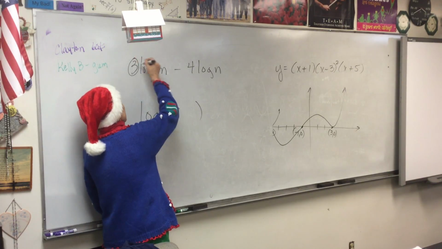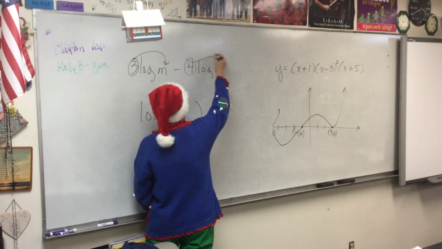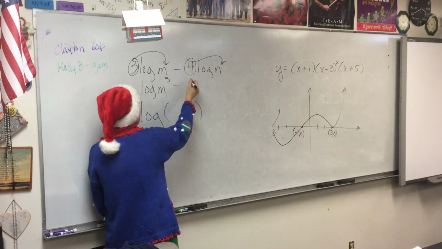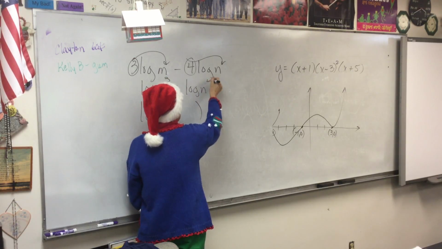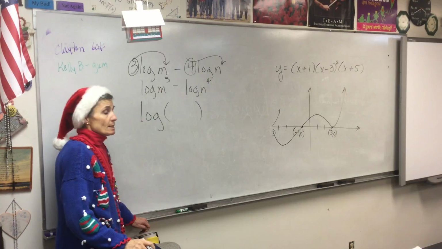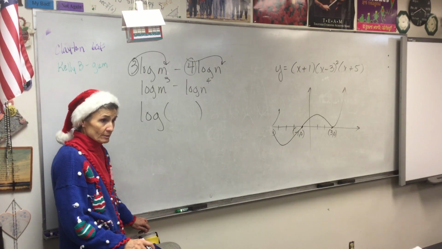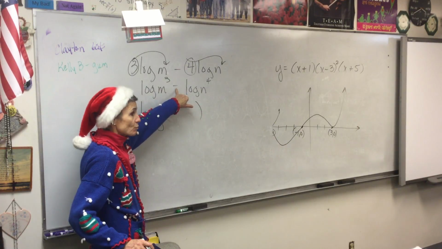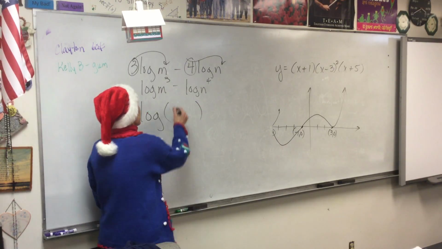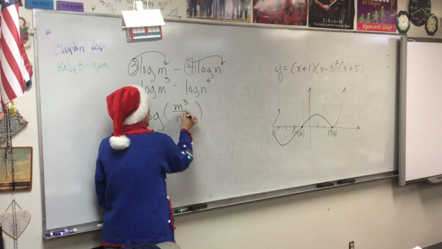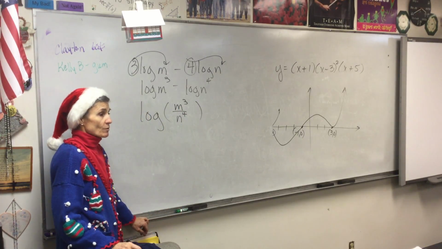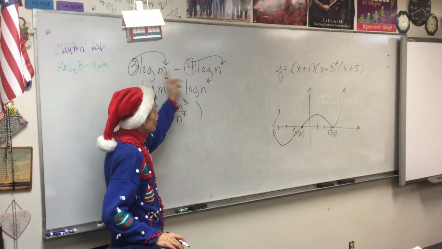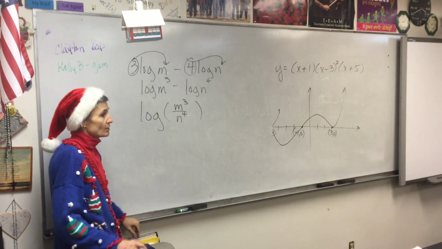You have to deal with these guys. They are exponents. So this is the log of m cubed minus the log of n to the 4th. Now when I put them together, inside the parentheses, since they're being subtracted, I will put them together as a division, and it would look like that. So that is one logarithm expression, started out as 2, put them together, this is how they go together.